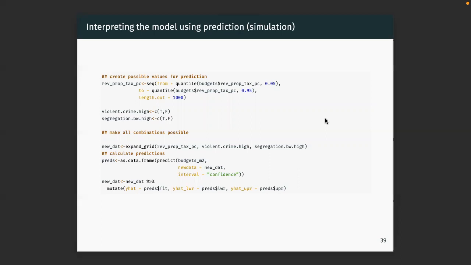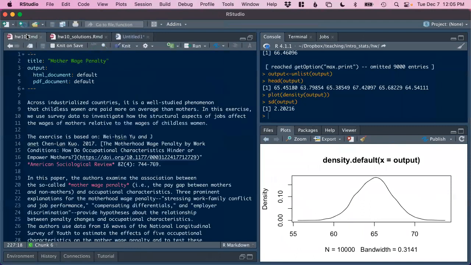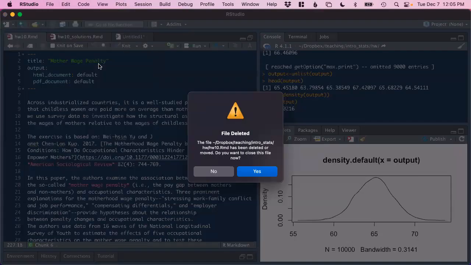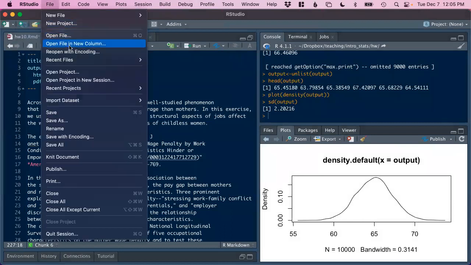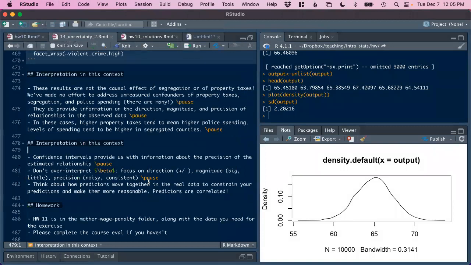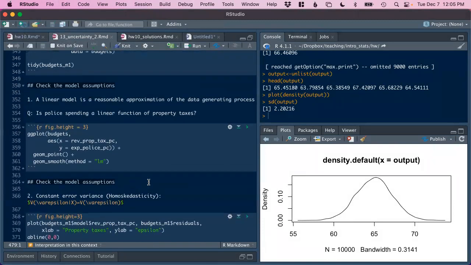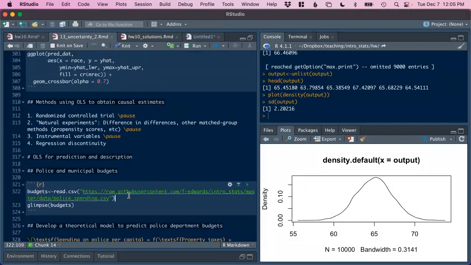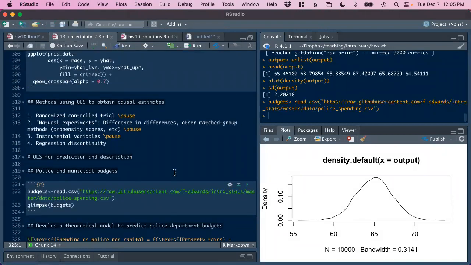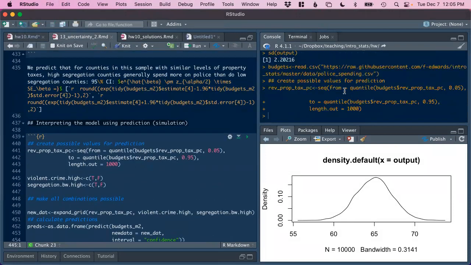Let's kind of see what that looks like. So this is what that property tax revenue is going to have in it.